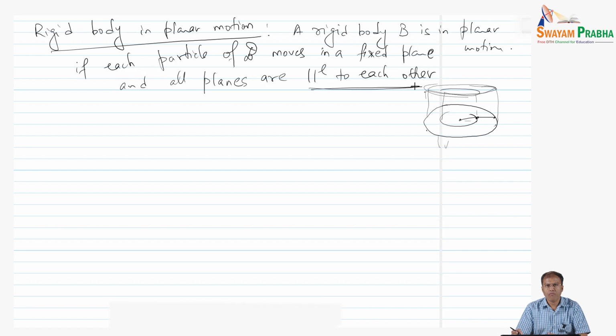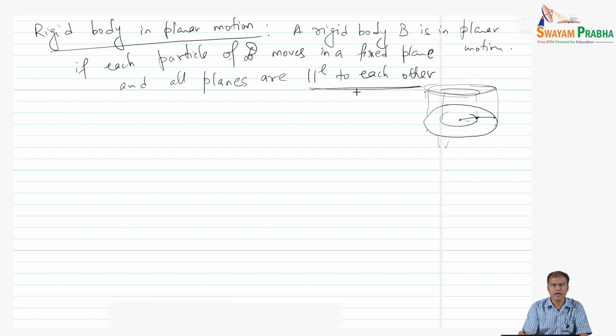That is what I meant by what happens when the particle is experiencing a planar motion on a rigid body. Then I can break down this velocity into two components.